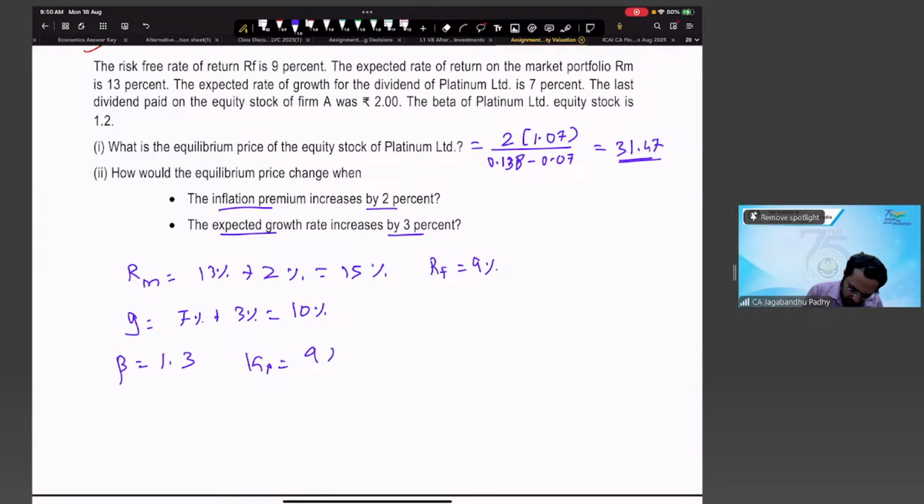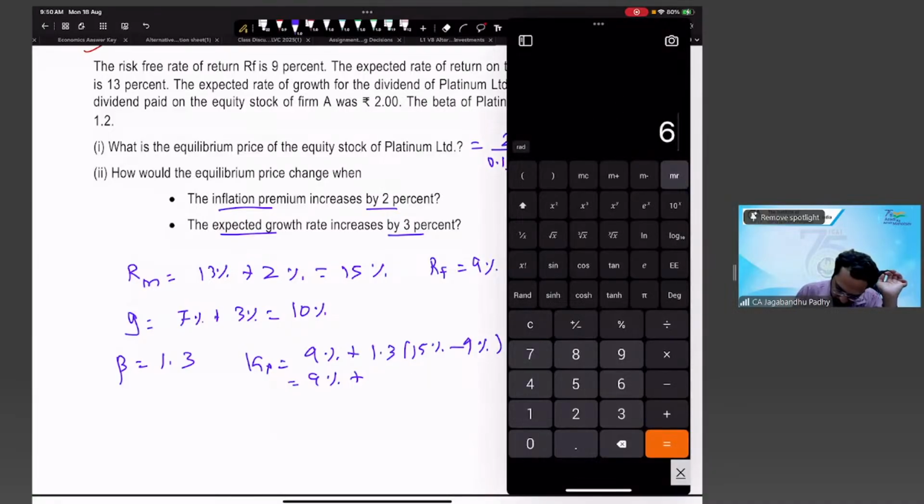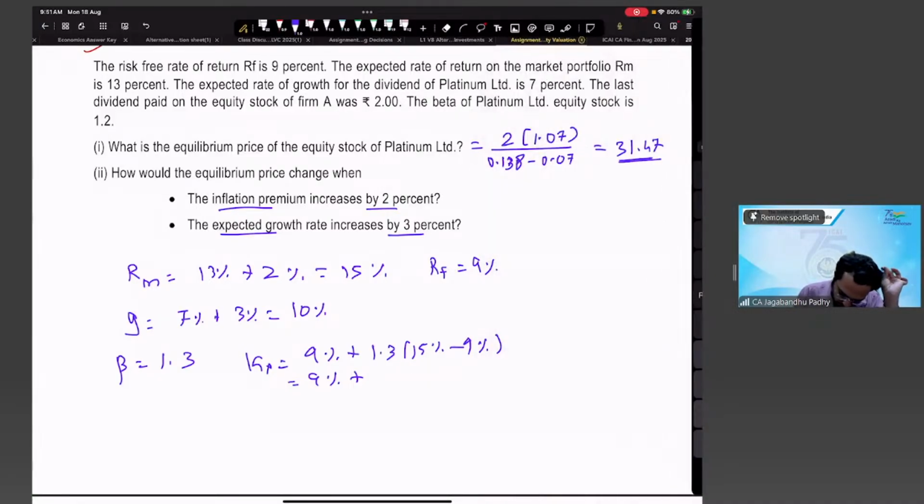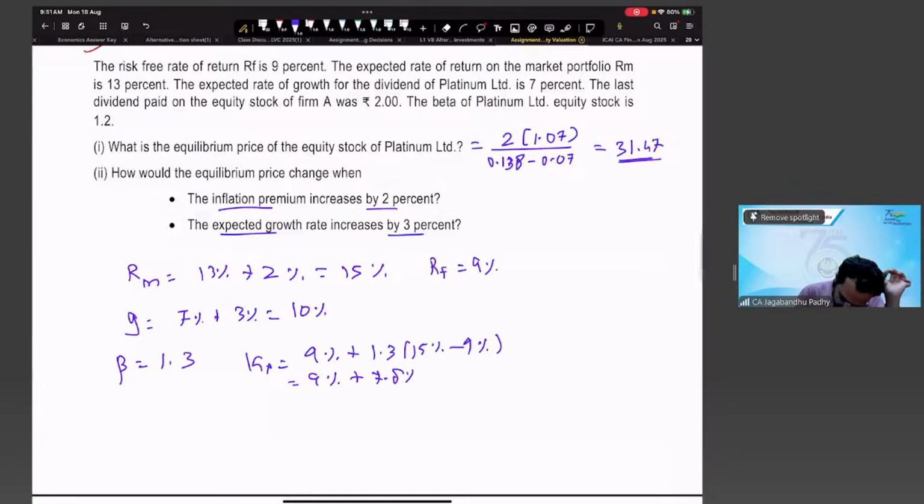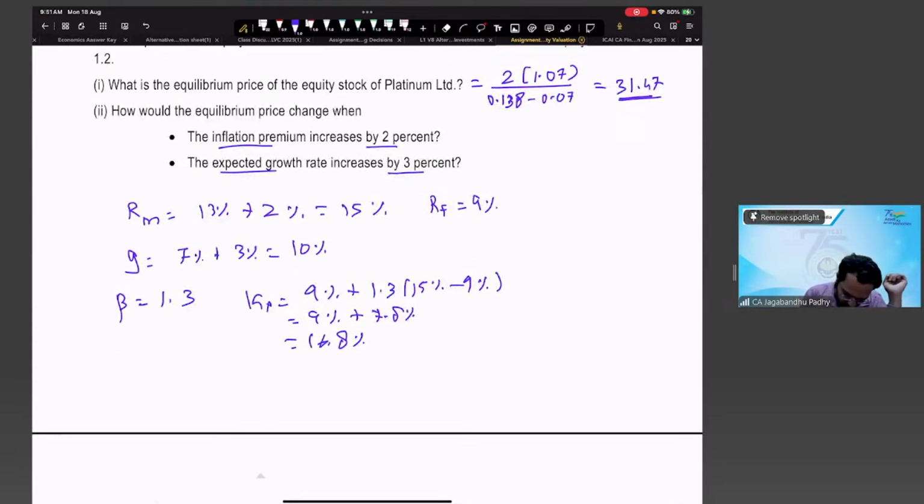KE will be 9% plus 1.3 into 15% minus 9%. So it's 9% plus 1.3 into 6%. 6 into 1.3 is 7.8%. So this is 16.8%, right? So what will be the new price now?